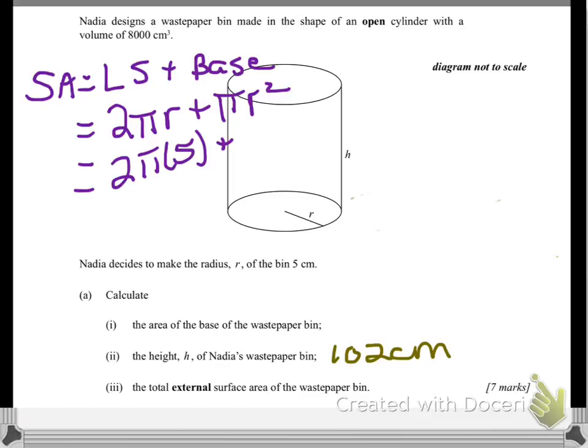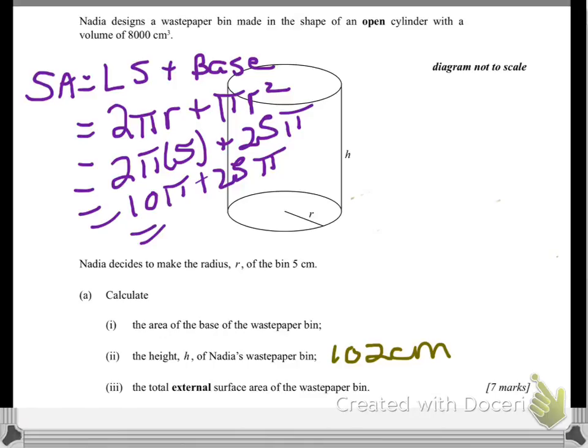And that base is going to be 78. Oh, wait, let me just do the math from scratch. It's going to be 25 pi. So I get 10 pi plus 25 pi, which is 35 pi.